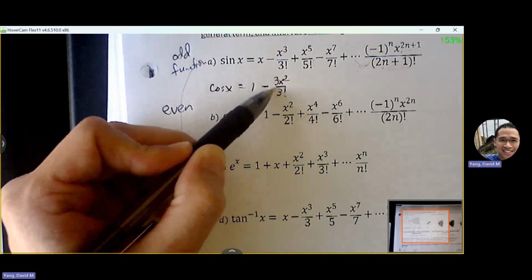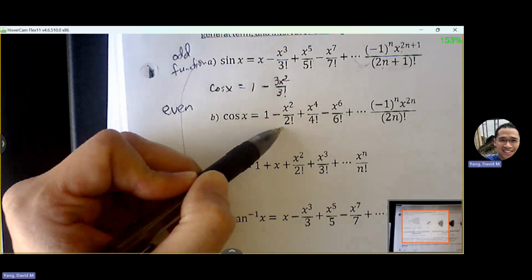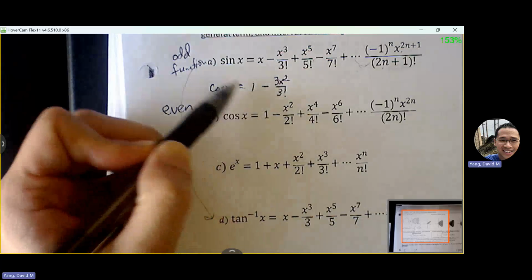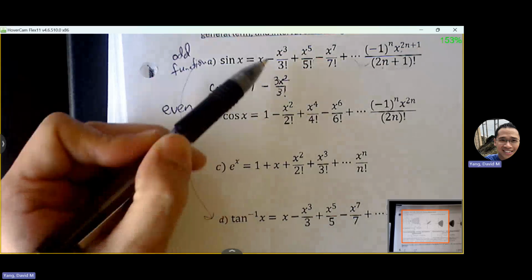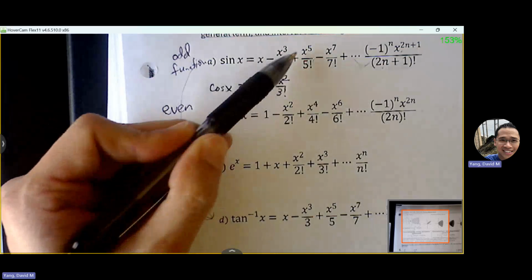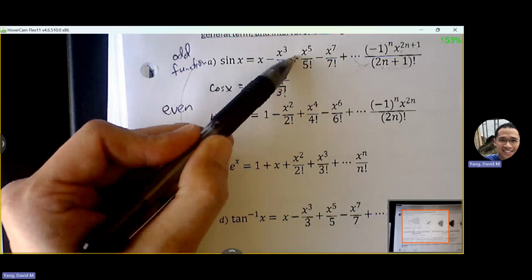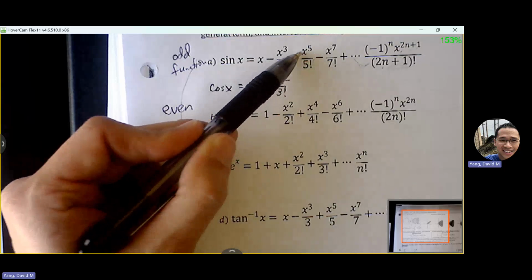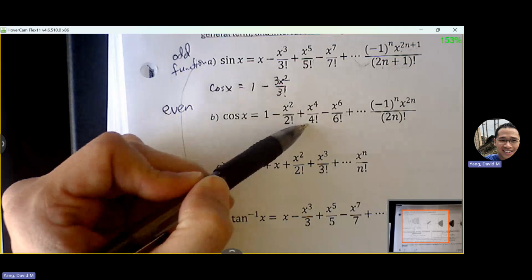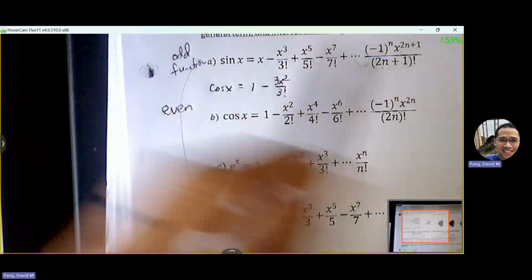I'm just left with what? 2 factorial. So there it is, x squared over 2 factorial. Right, so it's nice to see that if I have sine and I forget cosine's formula, I can just find the derivative and get to the next term. Same thing here. If I bring the 5 down, the 5's will cancel out. I'm left with x to the 4th over 4 factorial. Right. Same thing here.